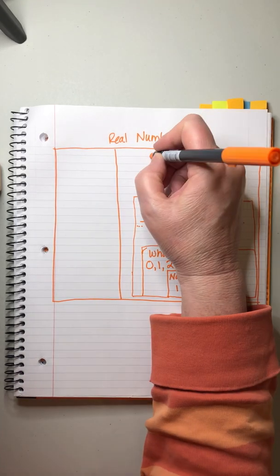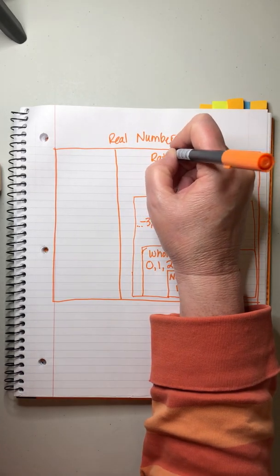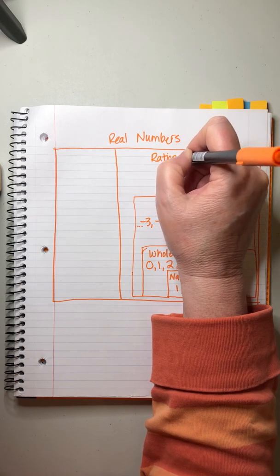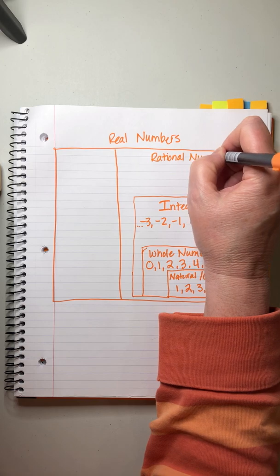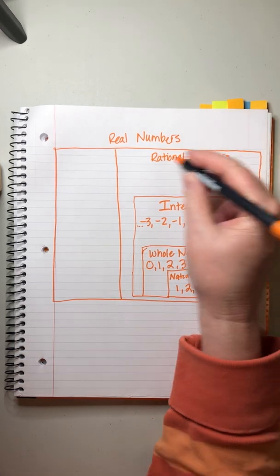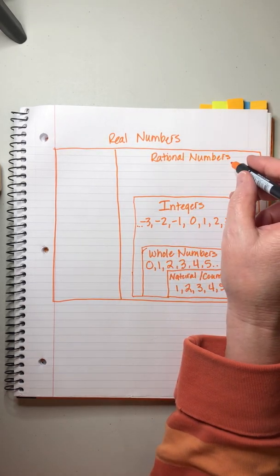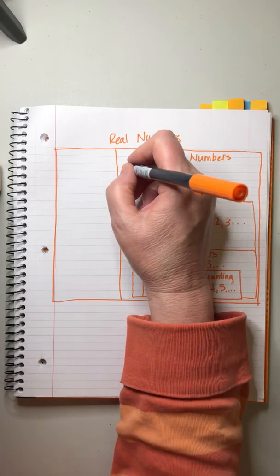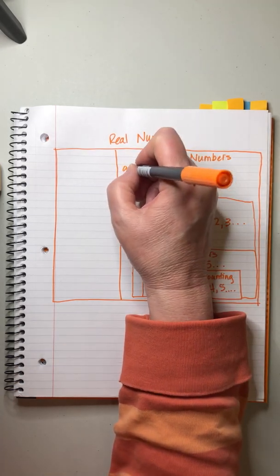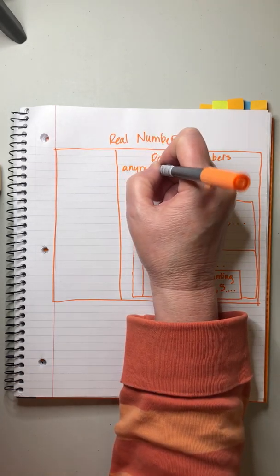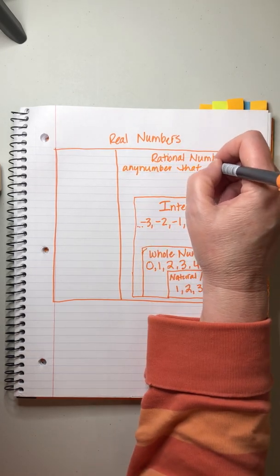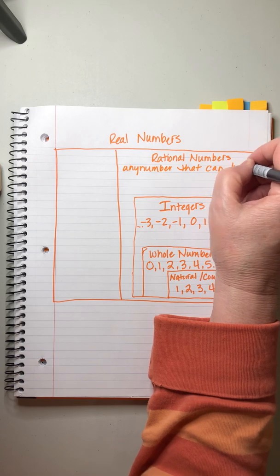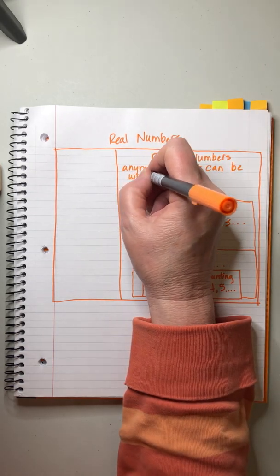Now, you got older and you learned about splitting pizzas with your siblings. Actually, those of us who have siblings, we learn about rational numbers right away because rational numbers include any number that can be written as a fraction.